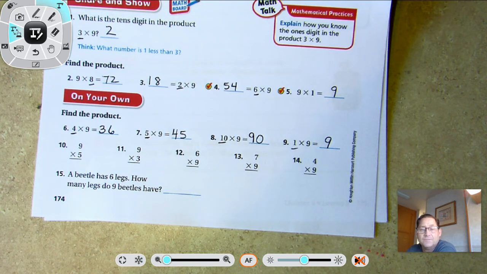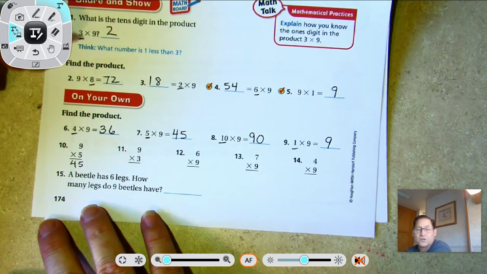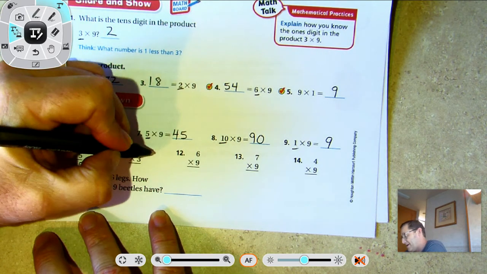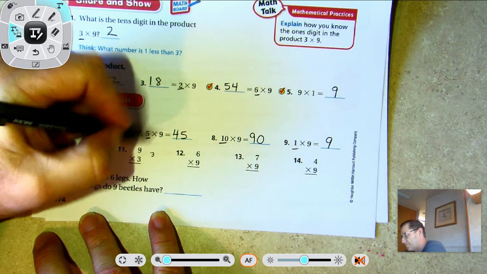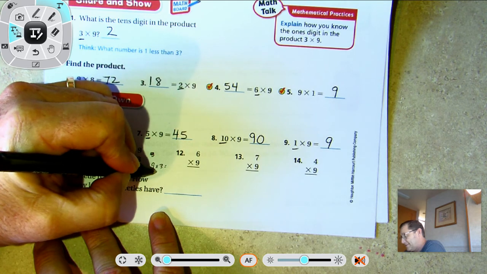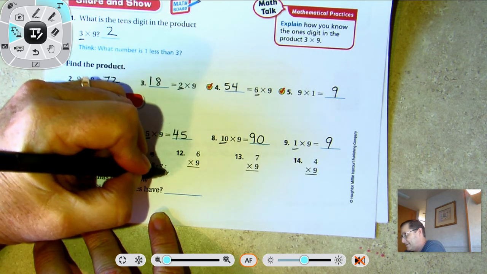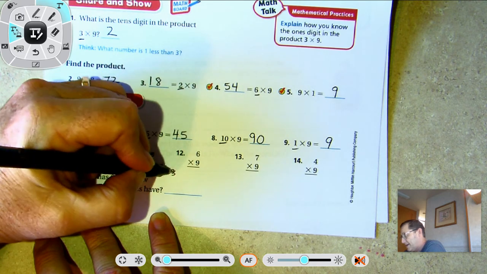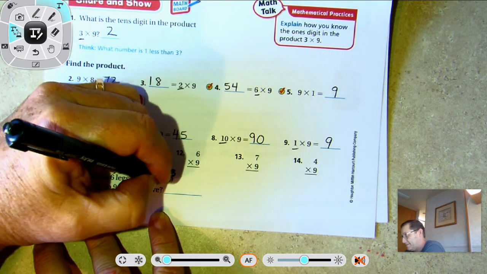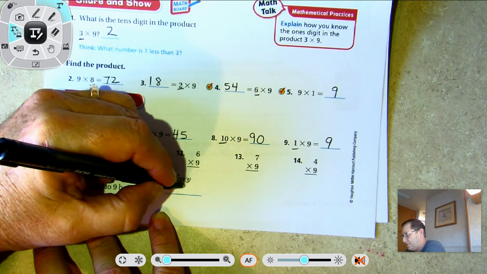Okay. 9 times 5, we've already done that. 9 times 3. Could I use a different method? I could. I could say 9 times 3 equals 6 plus 3 times 3, and then go 6 times 3 plus 3 times 3. 18 plus 9 equals 27.